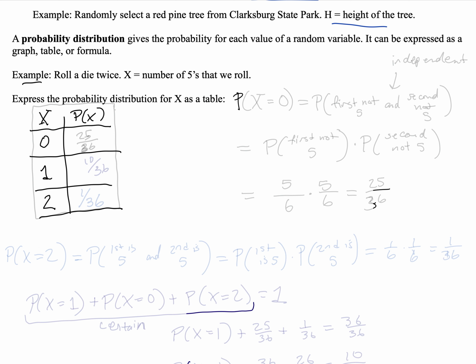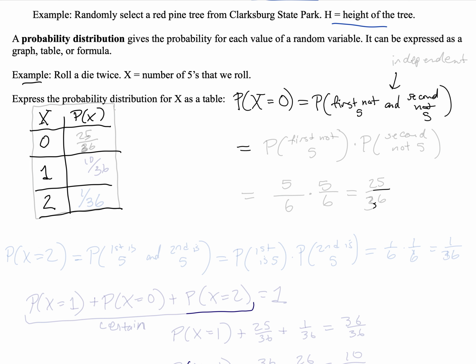So the probability that X is equal to 0 is equal to the probability that neither of the dice are 5s. So first not 5 and second not 5. So die rolls we know are independent events.